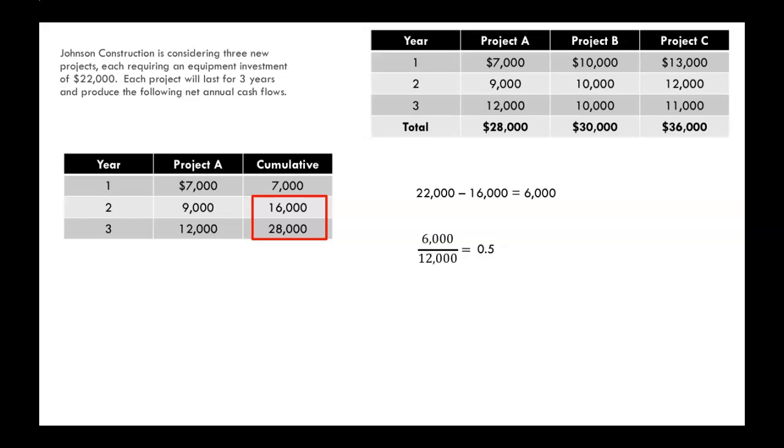So halfway through year 3, we made that $6,000. Your cash payback period for Project A is 2.5 years, because it's going to take all of year 1, all of year 2, and half of year 3 to make back that $22,000.